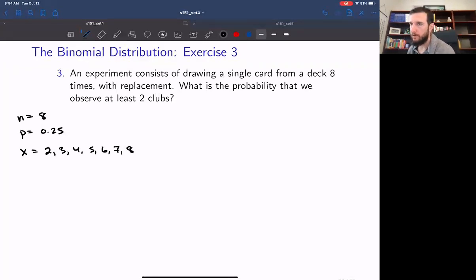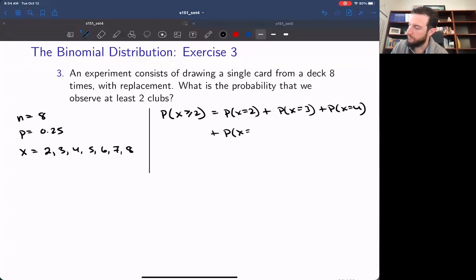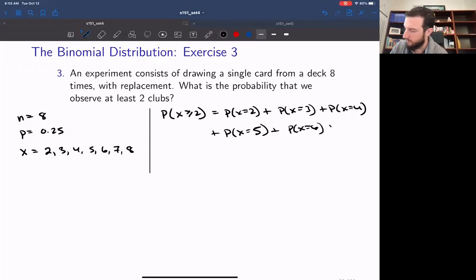Okay, so this is a bit more of a nuisance, right? Because we know from the previous example that one of the ways that we can do this is going to be x is equal to 2 plus x is equal to 3 plus x is equal to 4 plus x is equal to 5 plus x is equal to 6 plus x is equal to 7 plus x is equal to 8.